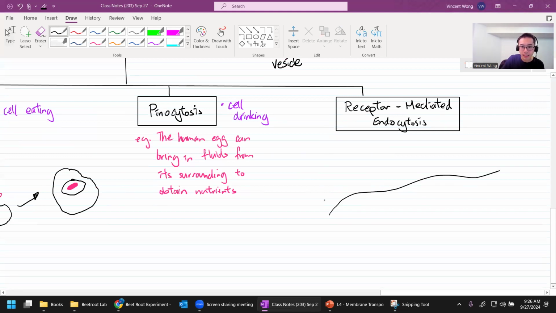So this again is the cell membrane, and on the surface of the cell membrane, we have some receptors. It's similar to the signaling receptor that we talked about before, but it's also a little bit different. So let's say we have some receptor here.